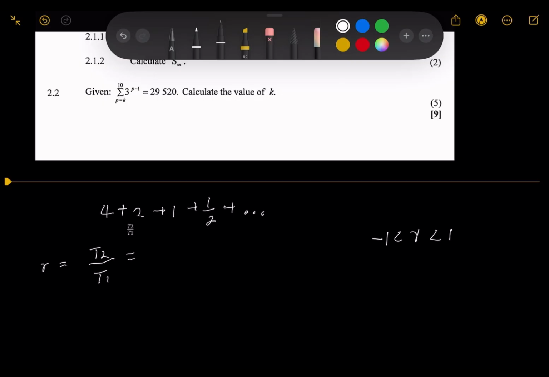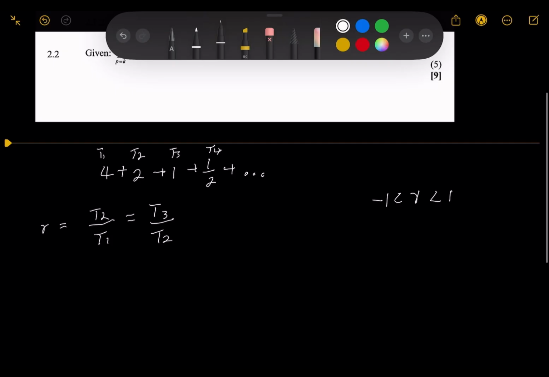And we can also say that it is equal to T3 over T2. Okay, and we know that this is T1, this is T2, T3, T4, and we can simply substitute our T2, which is 2, and our T1, which is 4. This is going to give us 1 over 2.